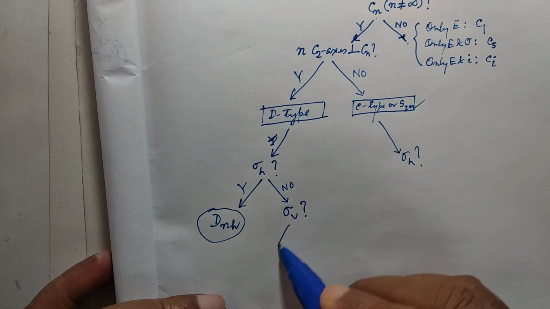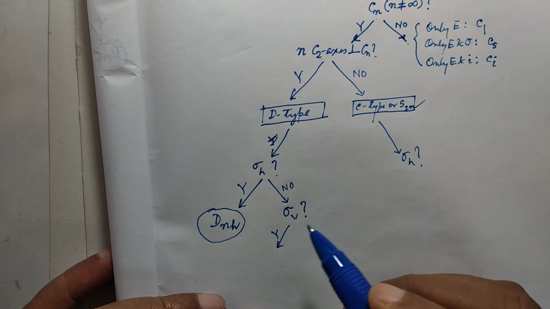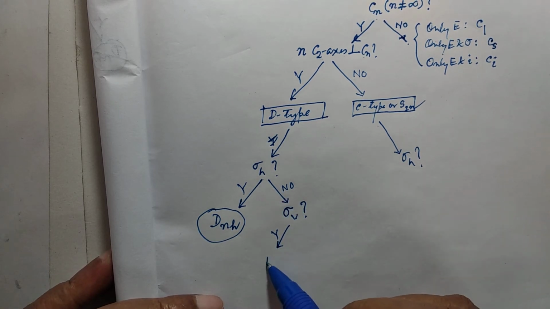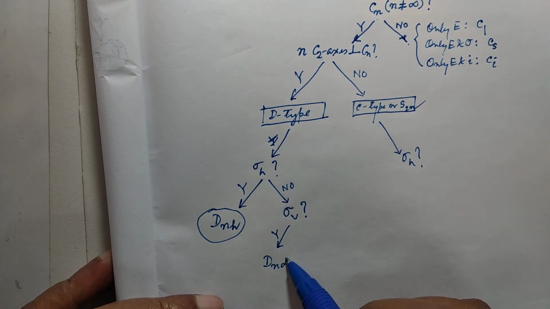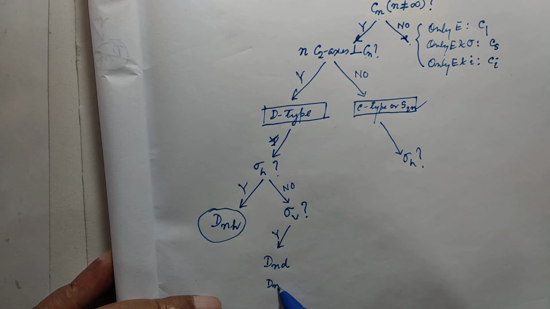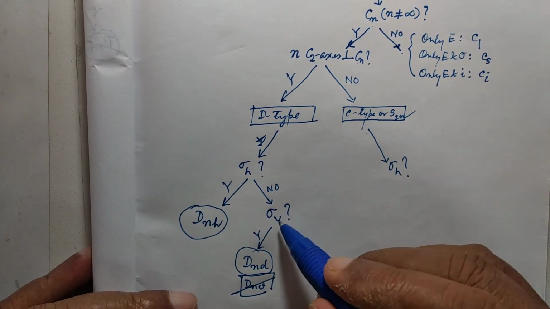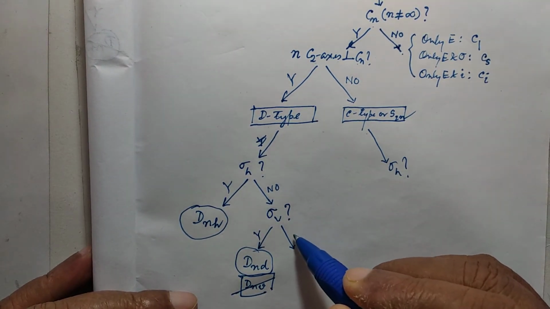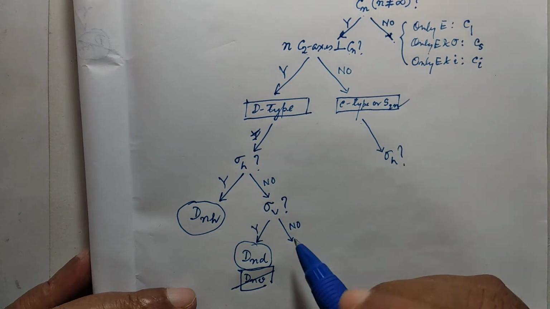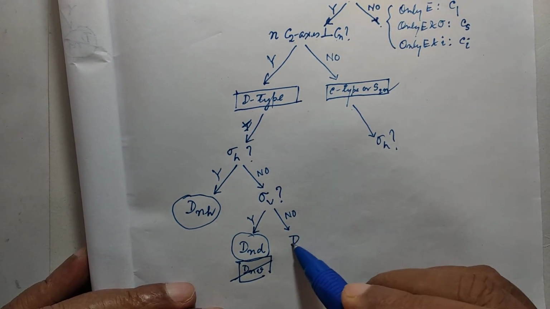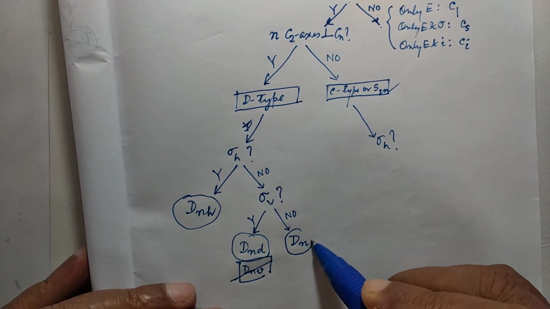If the answer is yes, then the point group is Dnd, not Dnv. It is Dnd. And if no sigma v exists, then the point group is simply Dn.